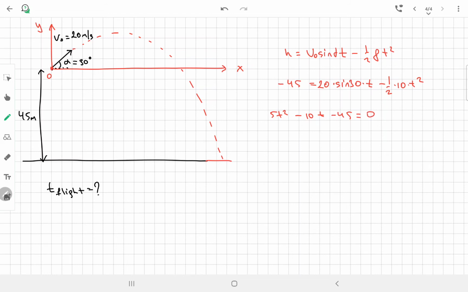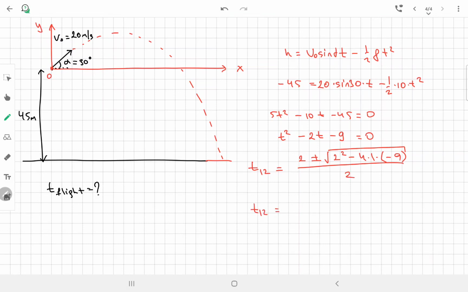We can divide this equation on both sides by 5, so we will have this kind of equation: t squared minus 2t minus 9 equals 0. As you see, this is a quadratic equation, and this equation has two answers. So let's solve it. t equals 2 plus minus square root of 2 squared minus 4 times 1 times negative 9, divided by 2.